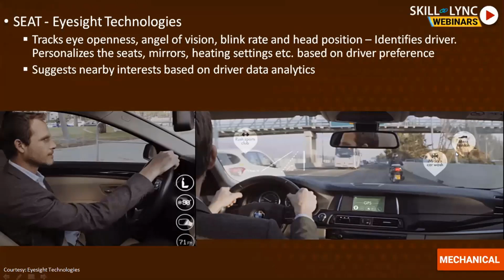These are interests suggested by the system itself based on the analytics it extracted over time from the driver. These are good advancements and definitely will be adopted by OEMs in the future. That's very interesting for anybody who is interested in entering the automotive segment.